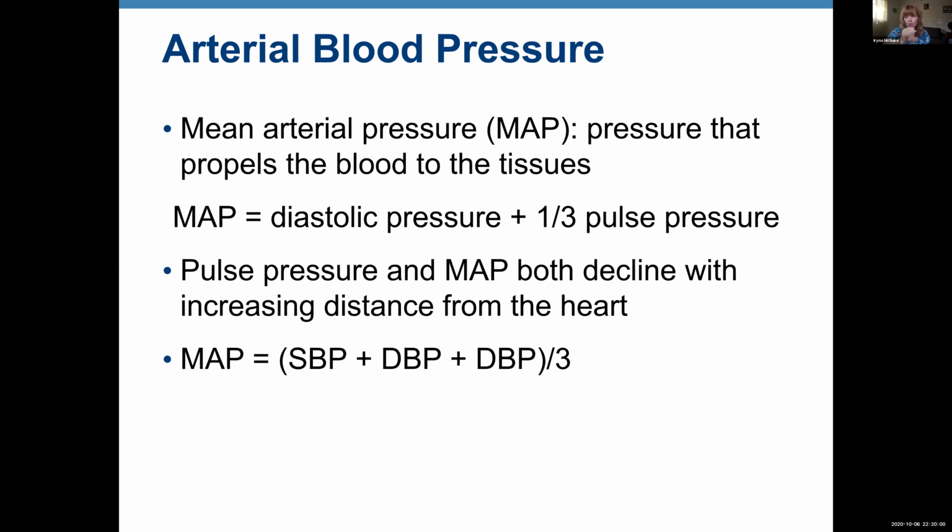Now, mean means average, but it's a little bit different over here. Let's say you have a patient with 120/80. In math, if you have two numbers, 120 and 80, how would you find the mean? You would add them and divide by 2, right? That's not how it is done to calculate MAP.